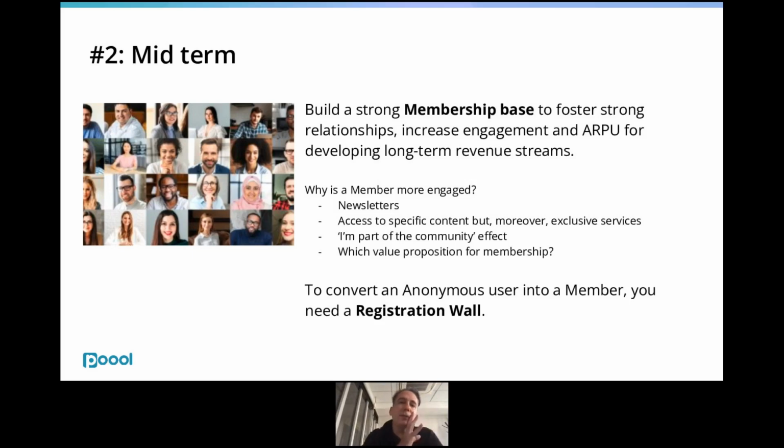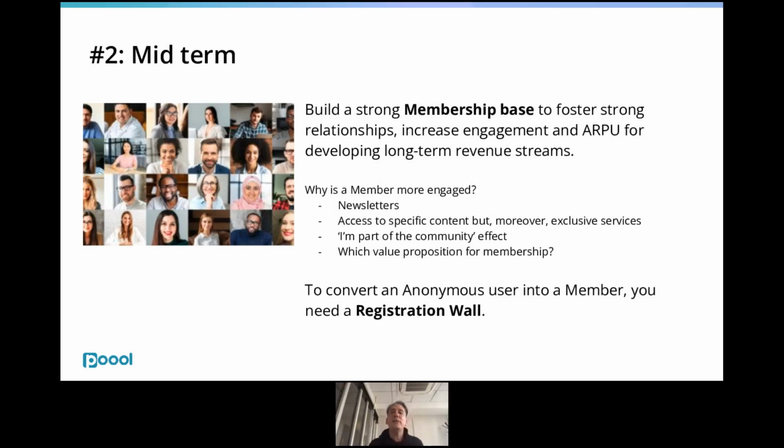But you need to think about the reason for folks to become a member. You should not just come in and say, hey, to read this article, become a member. You need to associate some benefits with being a member. The benefit of being part of the community, that's a good one. But it could be access to specific newsletters, specific content, some services, some polls about product feedback.